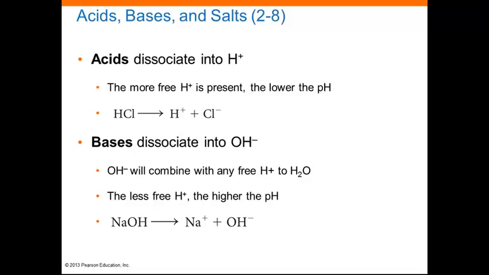And so remember, pH is the measure of free hydrogen ions. So the less free hydrogen ions, the higher the pH and the more alkaline that substance is. The classic example of a base here is sodium hydroxide, which dissociates into a sodium ion, which is not a hydrogen ion, and a hydroxide, which will soak up any hydrogen ions that might be present in that solution. And so this is the classic example of a base.